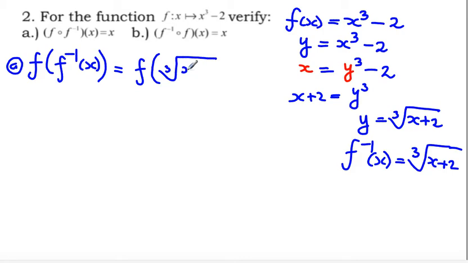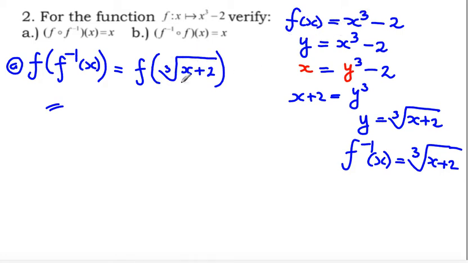So this will be the partner of x if you find its image using the f inverse formula. And the only thing I have to do next is to use this and substitute it into the x position of function f.